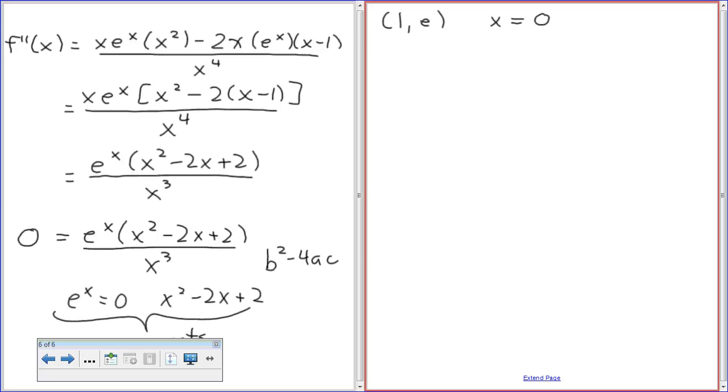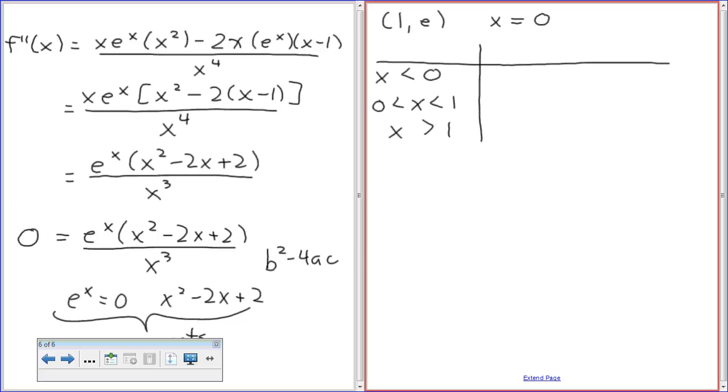We're going to have x is less than 0, 0 is less than x is less than 1, and x is greater than 1. There's going to be f prime of x, f double prime of x, and shape. I'm going to rely very heavily on you guys to finish this chart for me, please.